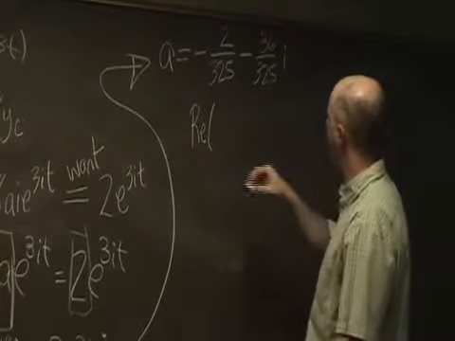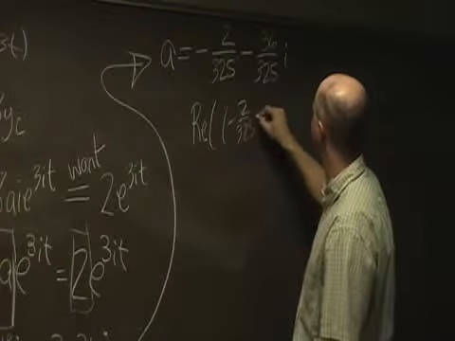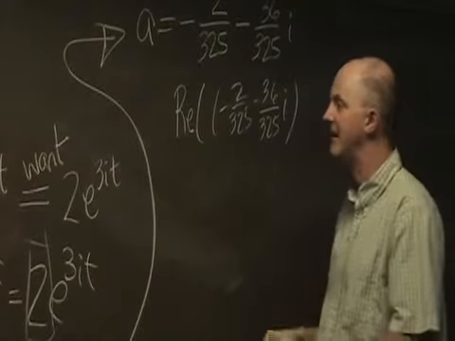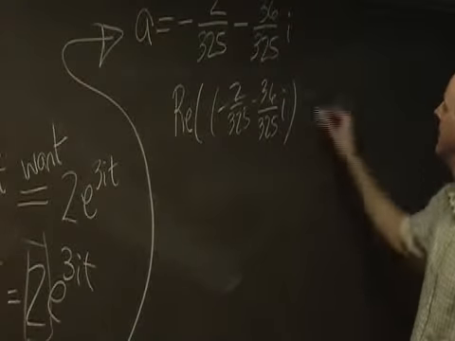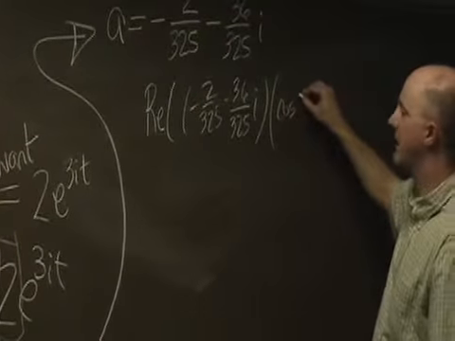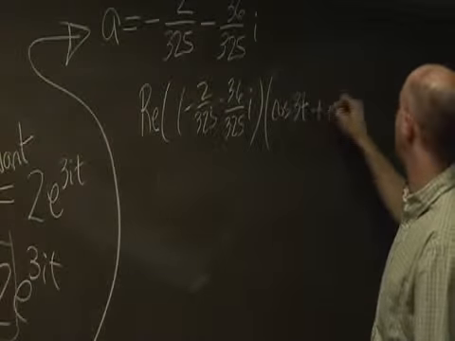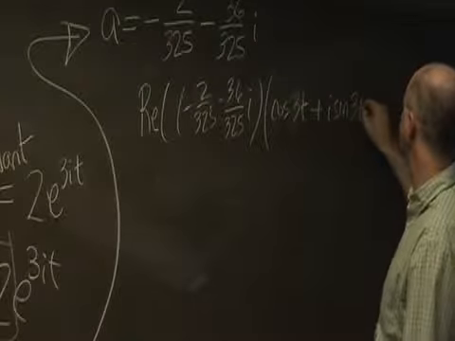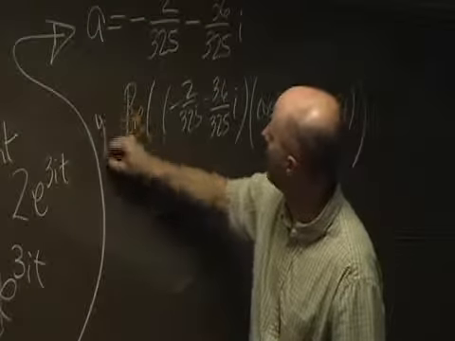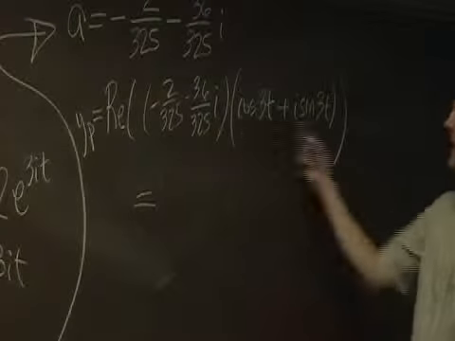I want to know the real part of this number a, negative 2 over 325 minus 36 over 325i, times e to the i times 3t, which by Euler's formula is cosine of 3t plus i sine of 3t. RE stands for real part. That's going to be my yp. It's going to be the real part of this product here.